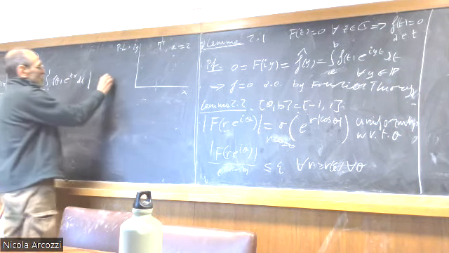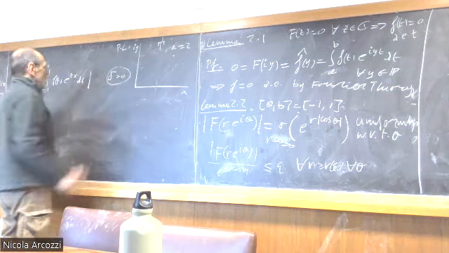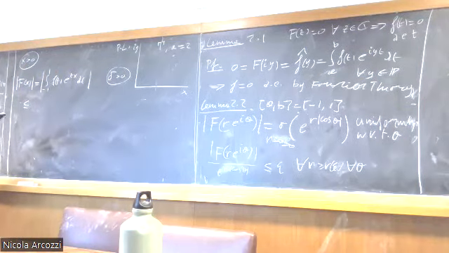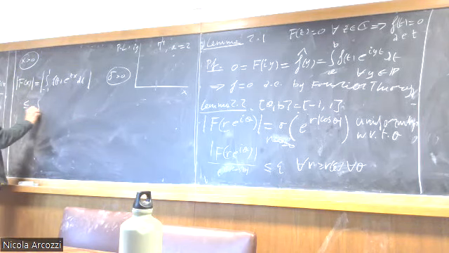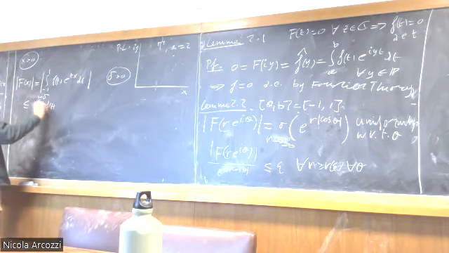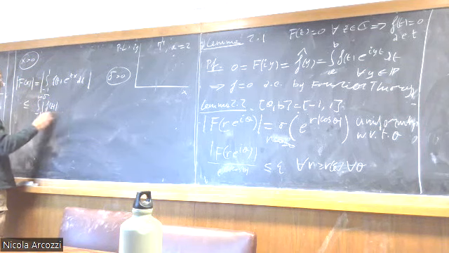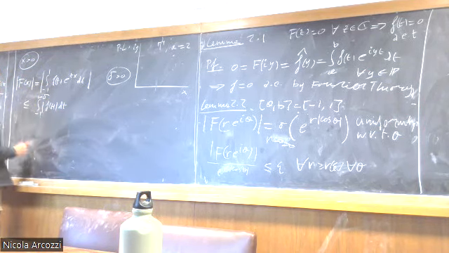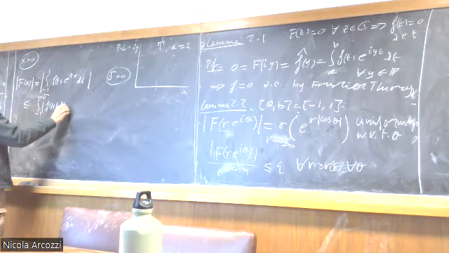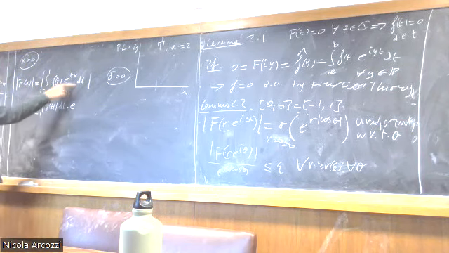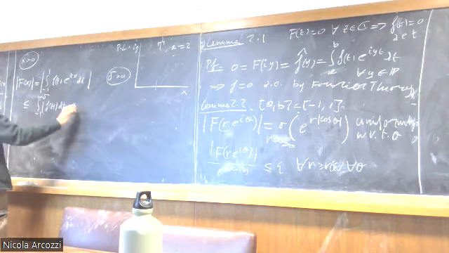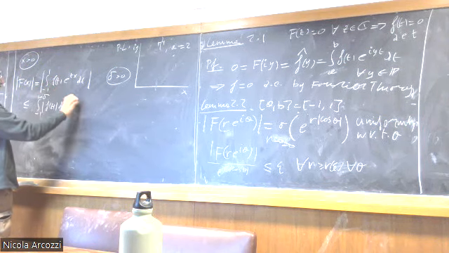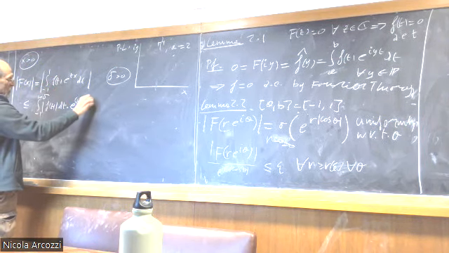So we fix delta bigger than 0. And then on most of the interval, for this term here, we get the estimate e to the 1 minus delta x.